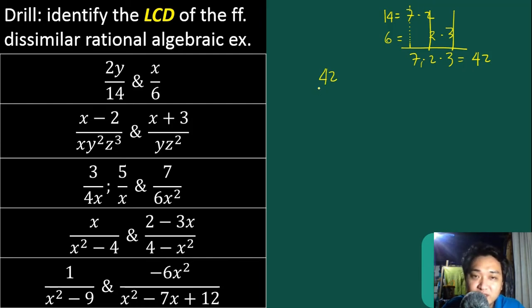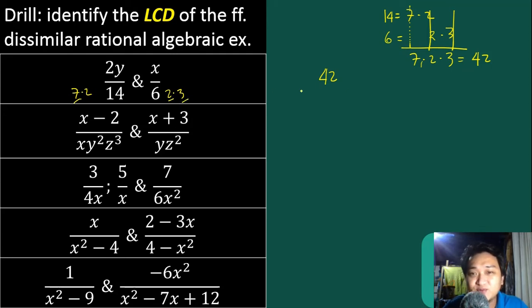May ibang paraan para gawin yan. Pwede natin gawin, since 14 is 7 times 2 at si 6 naman is 2 times 3. So, kailangan walang redundancy dun sa mga prime factors. Ano po? Wala siyang redundancy. So, ang magiging LCD niya is 7 times 2 times 3.